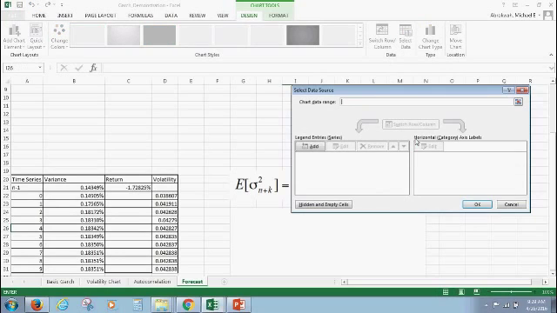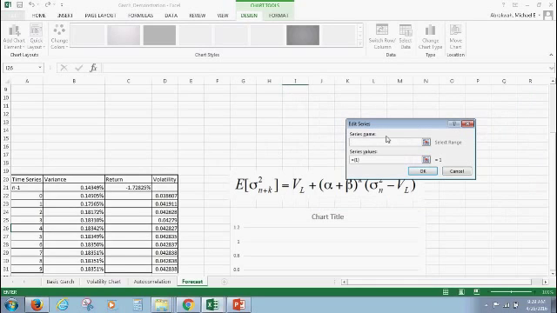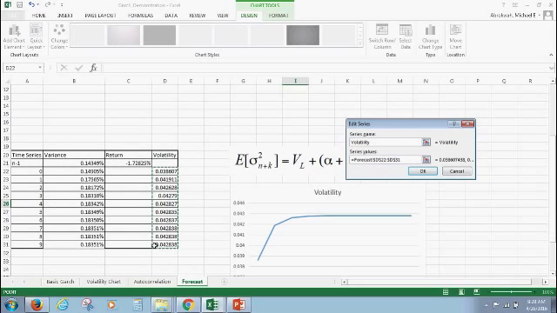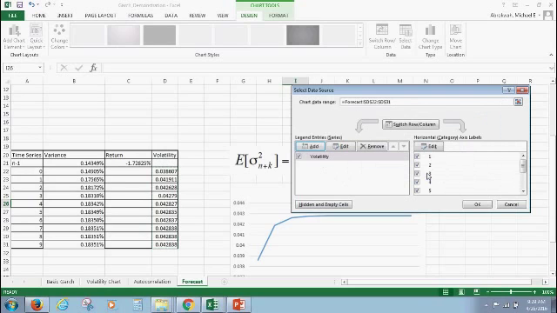Going to right click within the chart area, select data. And so I'm going to add, and the series name will be volatility. And I'm going to highlight. And there we are.